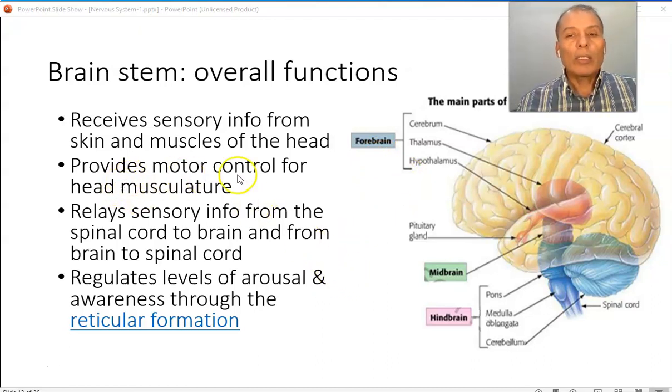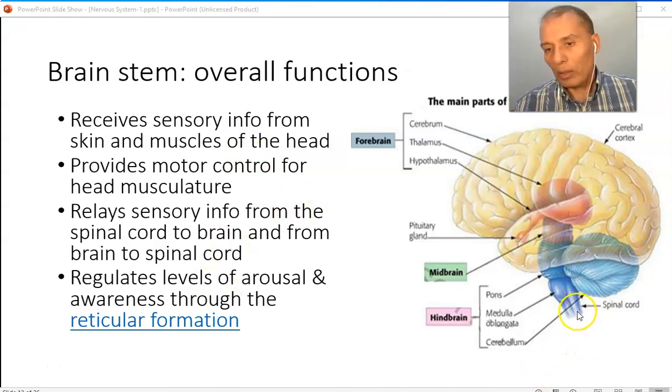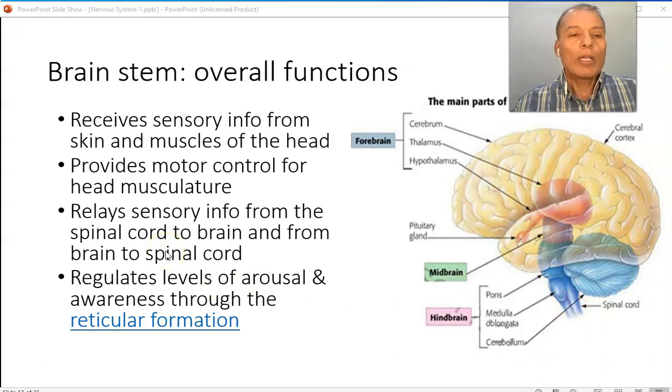Brainstem structures provide motor control for the head musculature, and also receive sensory signals from the skin and muscles of the head, and also, of course, different parts of the body as well, because everything that's in the spinal cord has to pass through the brainstem. It regulates levels of arousal and awareness through a structure called the reticular formation.